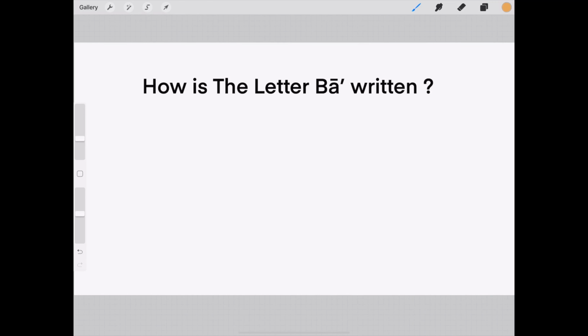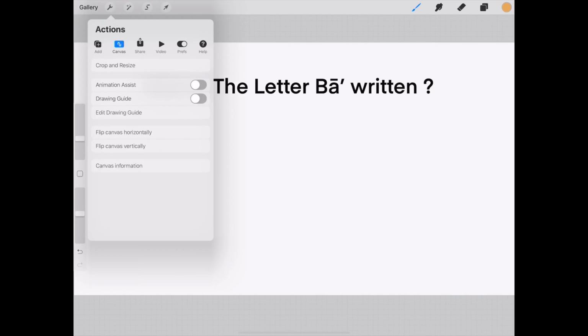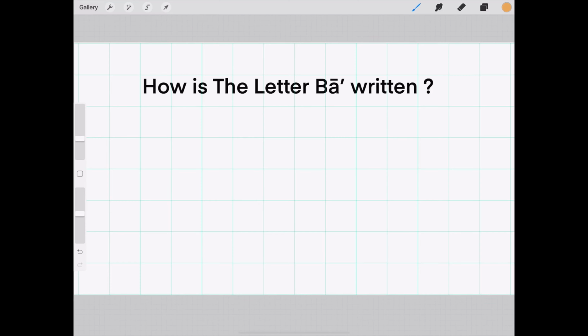So ba. How would you draw or write this letter? Let me activate the drawing guide here so that we have horizontal lines.